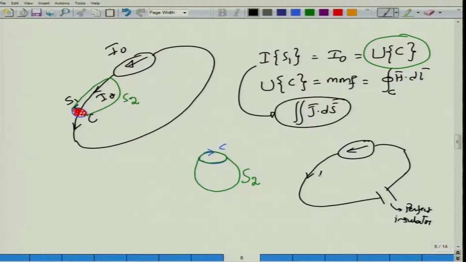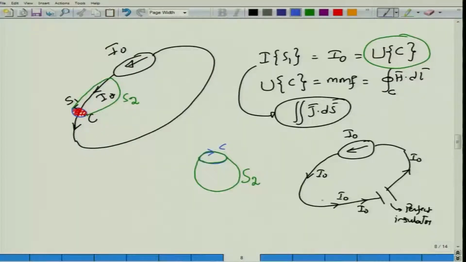Now the current I0 is coming through, and obviously because the total current in the loop is I0, from your normal circuit theory you simply expect that this current has to go out of this plate and then essentially has to pass through the current source and then come back. Only catch is that now the MMF seems to become ambiguous.